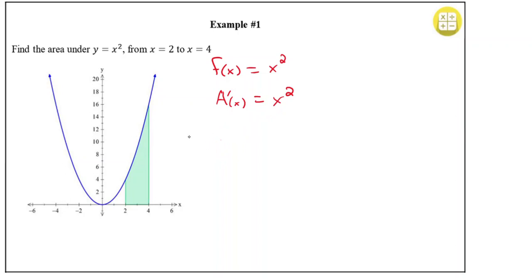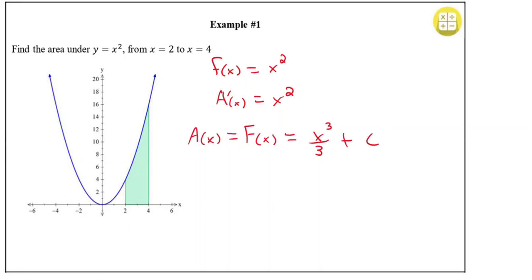So the area function is just the antiderivative, capital F, which is equal to x to the power of 3, multiplied by 1 over 3, plus c.